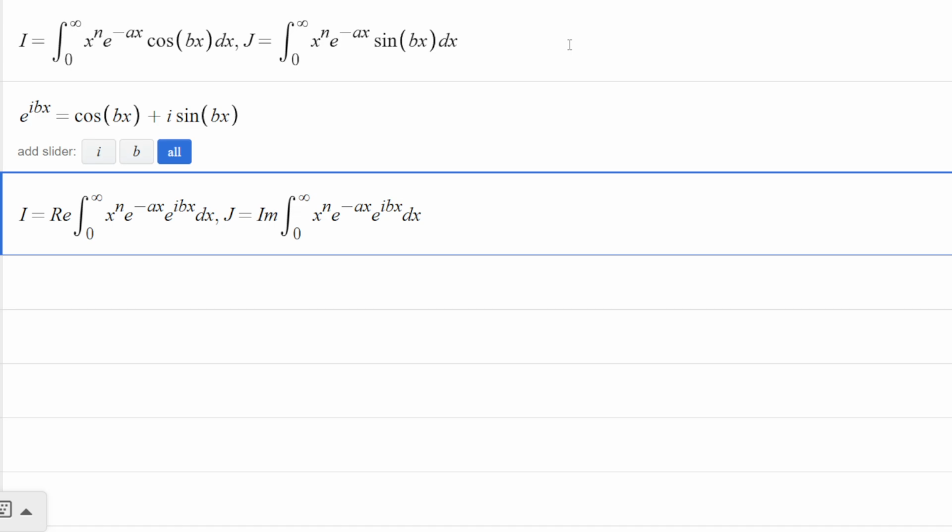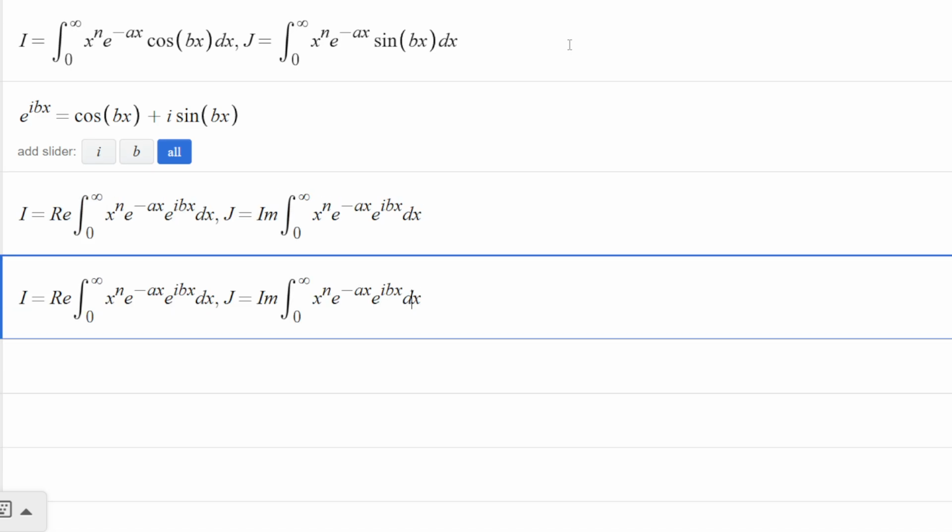All right, so next what we should do is combine our exponents. So this is going to be, let's see, ibx here. Hope you see what I'm doing here. I'm just combining the exponents. We have the common base, so we can just add the exponents. ibx. And then let's go ahead and factor out a negative x on both of them.